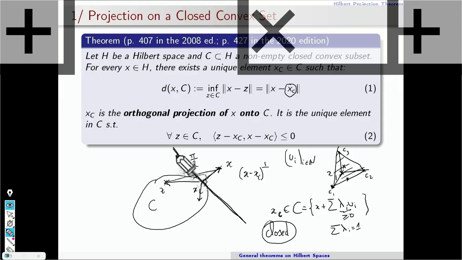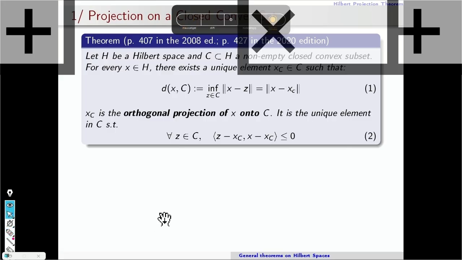So when C is a vector space itself, it will be included in this hyperplane. And finally, before I start with the proof, when x is inside C, then the minimal distance is 0, and it is reached at a unique point xc equal to x.